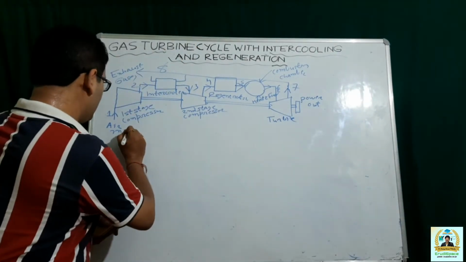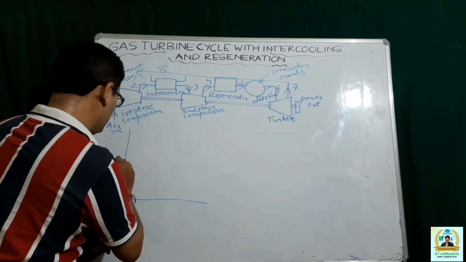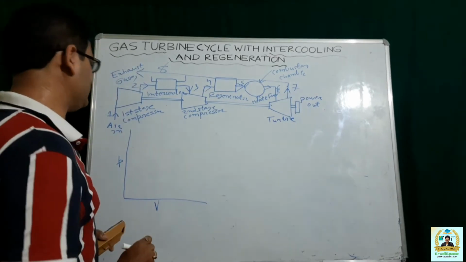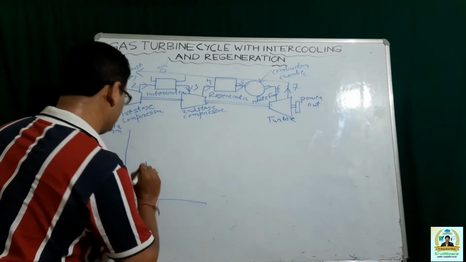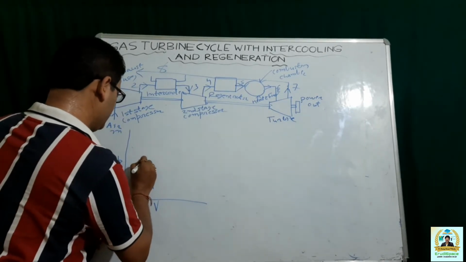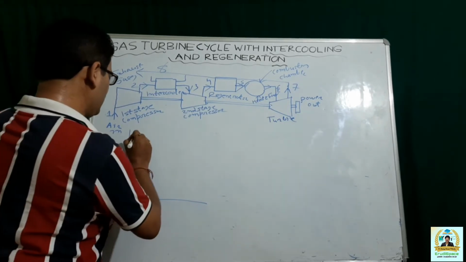Let me draw the PV and TS diagram to show the processes. First I will draw the PV and then the TS diagram. You do have the first stage of compression followed by intercooling.